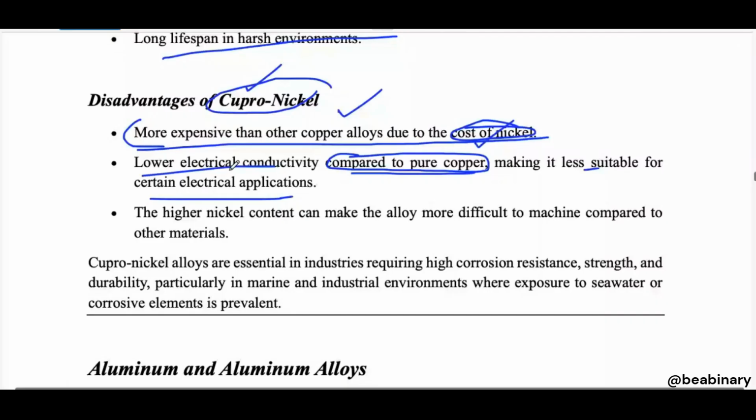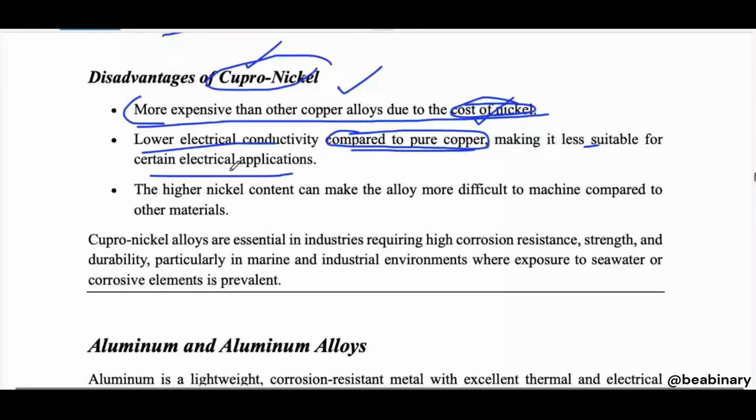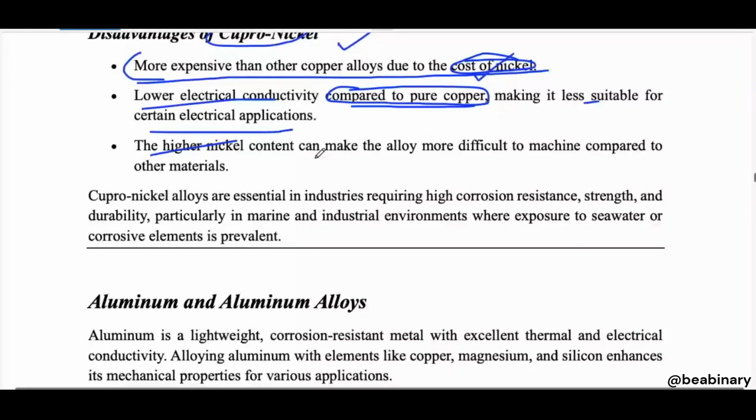so now, the higher nickel content can make the alloy more difficult to machine compared to other materials. So if the nickel amount is increased in your copper nickel alloy, it will create a disturbance to machining that particular component.